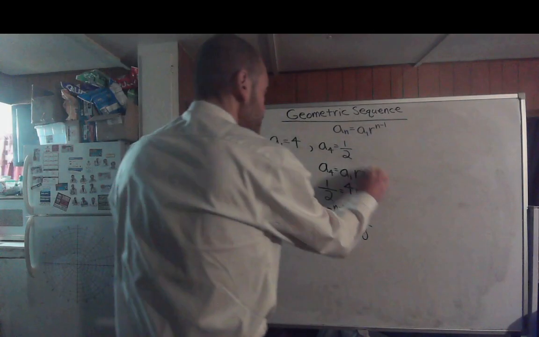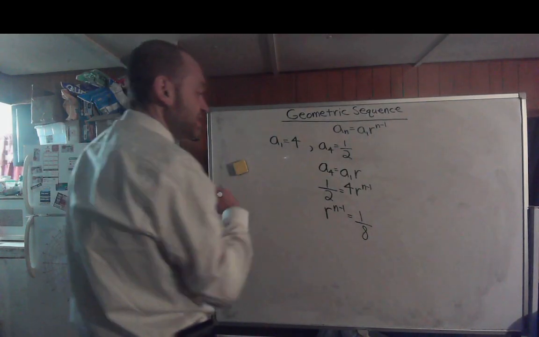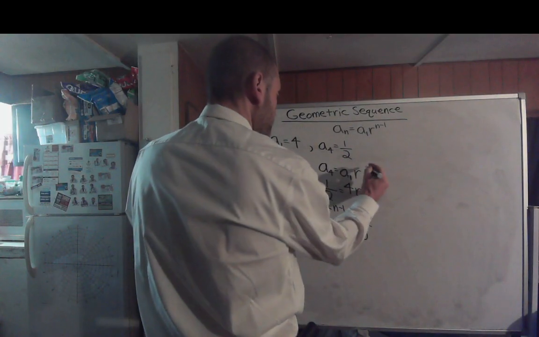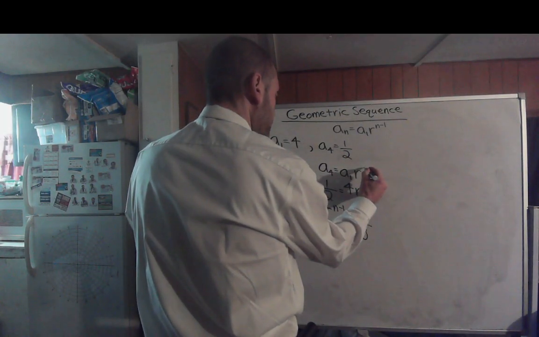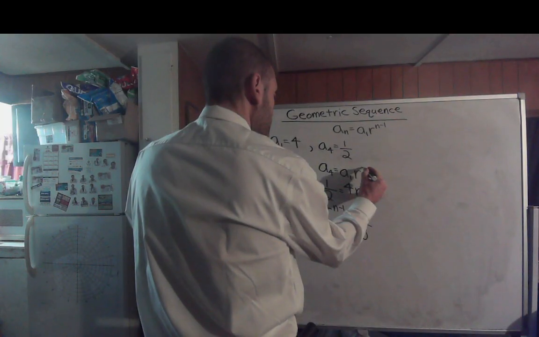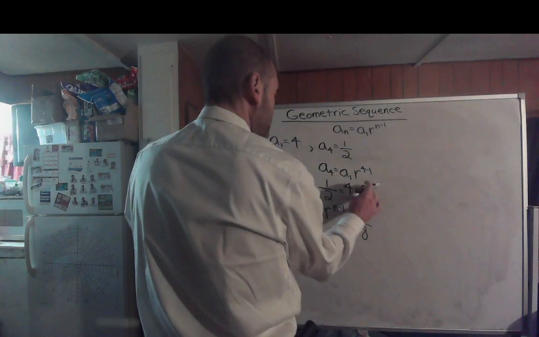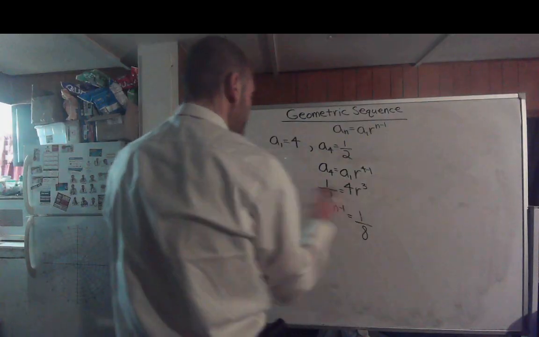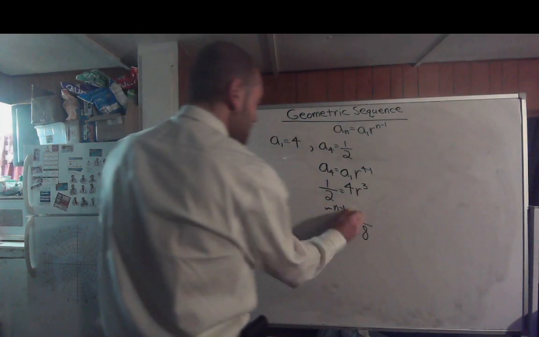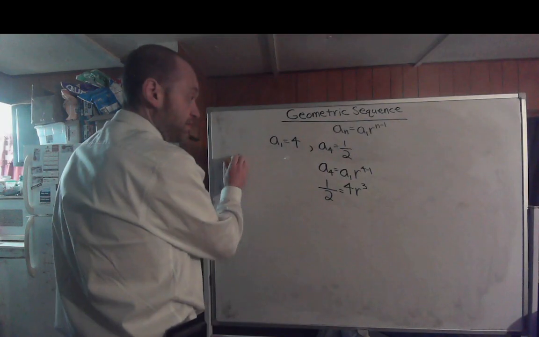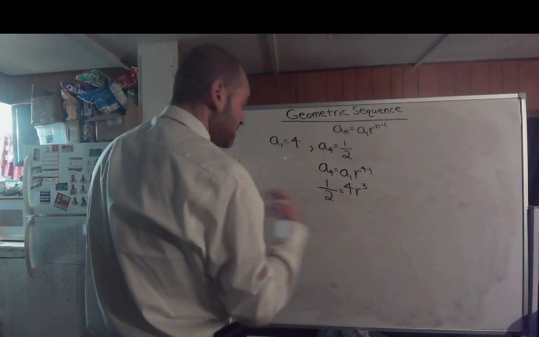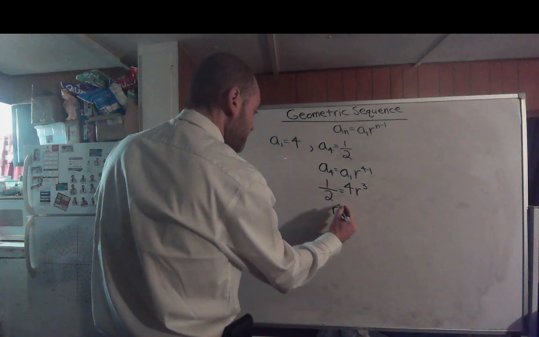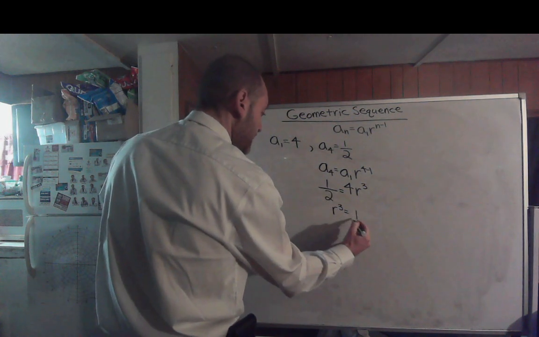You know what? Hold on one second, I see what I did. If it's the fourth term, it should be r to the 4 minus 1, which would be r to the third. There we go. I forgot to put in that 4 for n. Okay. So we would have r to the third equals 1/8.